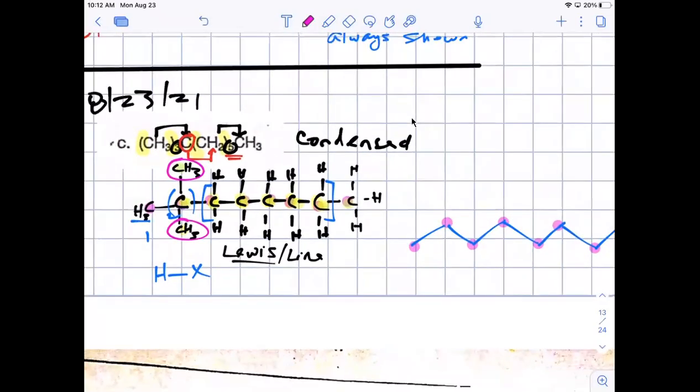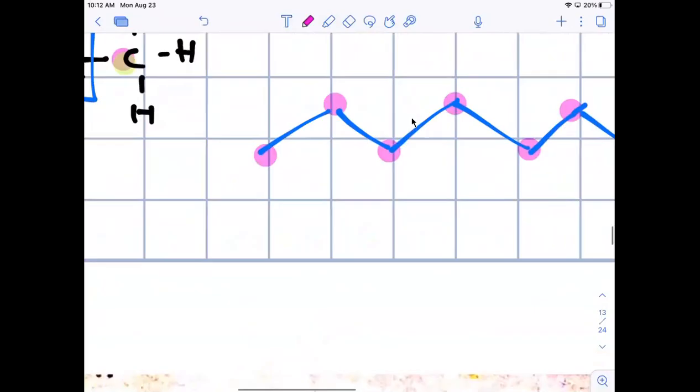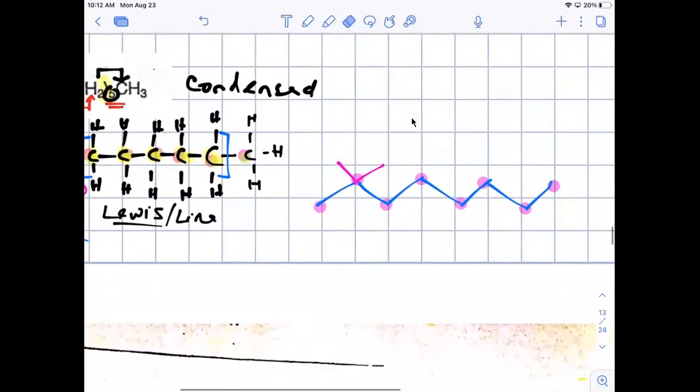So over here on the skeletal form, I know there's going to be a desire to draw it like this, but that would be wrong, right? If it's in skeletal form, you're going to put those 2 CH3s right here, just like that. Because again, the carbon is a tetrahedron. That's the geometry. So to keep the geometry, you're going to put those groups in just like they're shown right there.